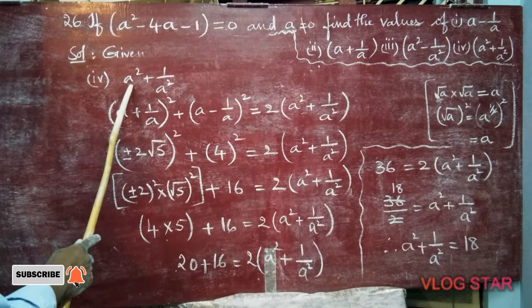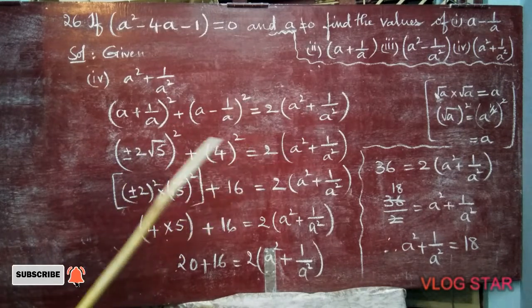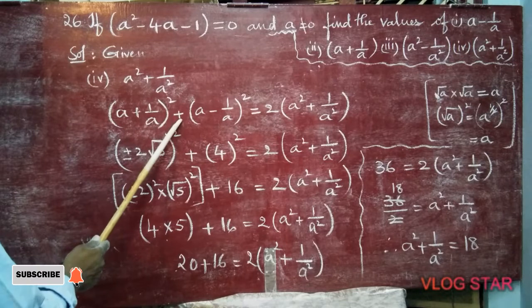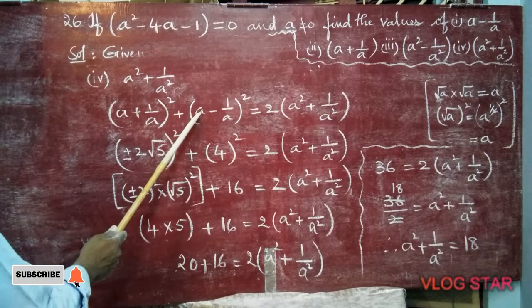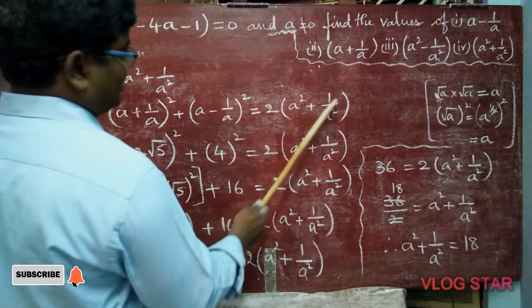Fourth bit. a square plus 1 by a square. We know the formula: (a plus 1 by a) whole square plus (a minus 1 by a) whole square is equal to 2 into (a square plus 1 by a square).